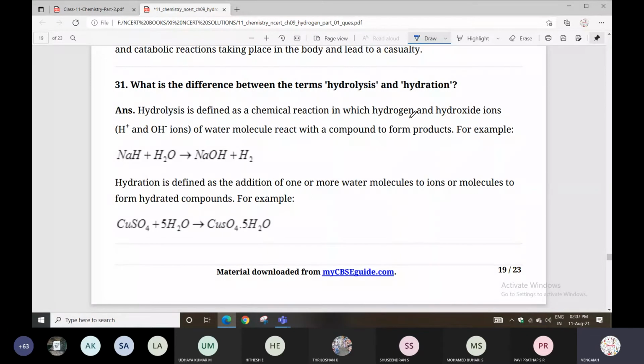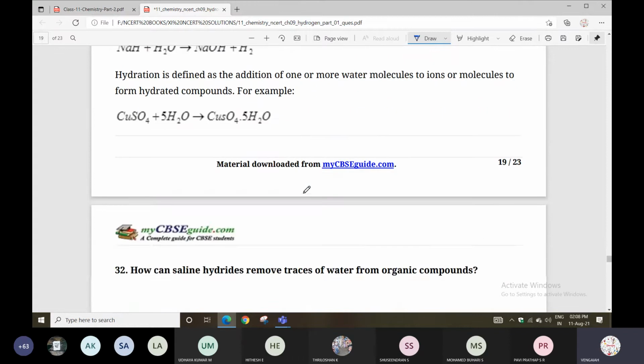For example, NaH reacting with water forms NaOH plus H2. Hydration is defined as the addition of one or more water molecules to an ion or molecule to form hydrated compounds. For example, CuSO4 plus 5H2O forms CuSO4.5H2O.